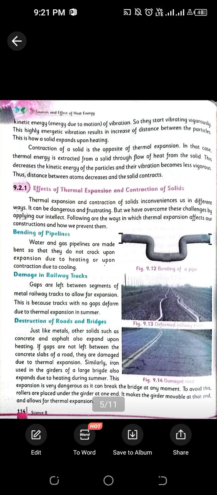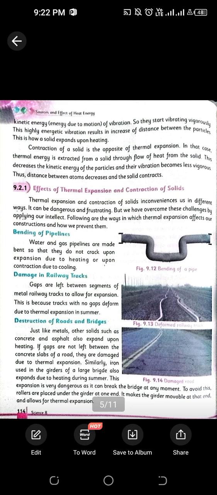Now, thermal expansion. What is the meaning of expansion? Expansion means the phenomenon of expanding something, right? Thermal expansion means the expanding of something due to heat, whether it's the expansion of a solid, a liquid, or a gas.